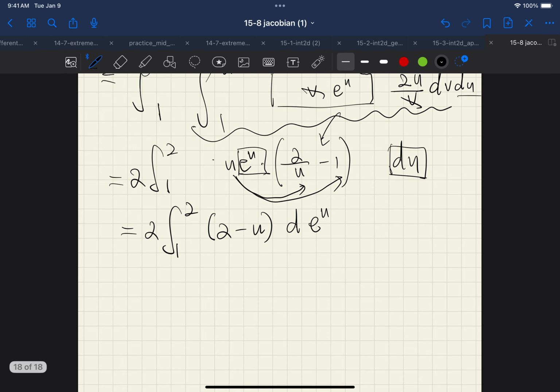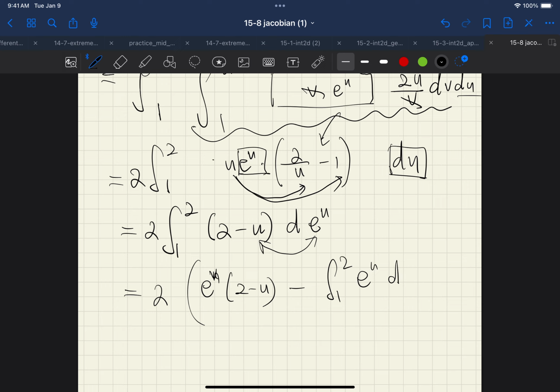Now we can use integration by parts, so 2 e to the u times 2 minus u, from 1 to 2, minus. I can switch these two around, so e to the u d of 2 minus u, right? And put 1 and 2.